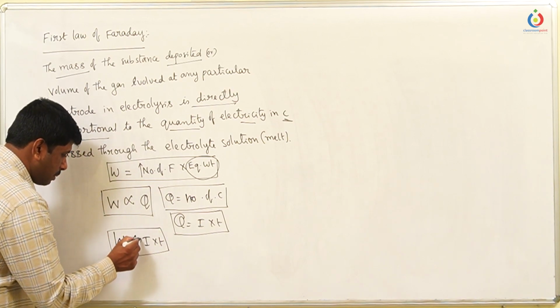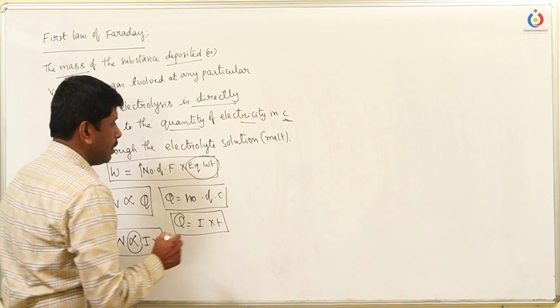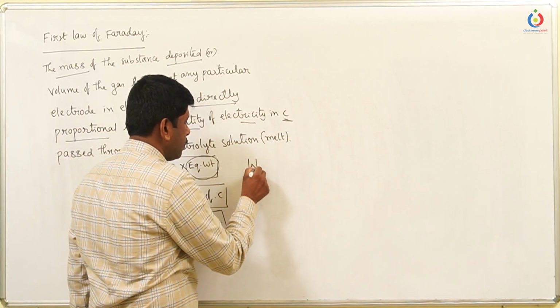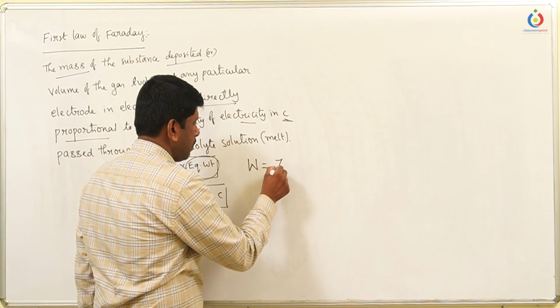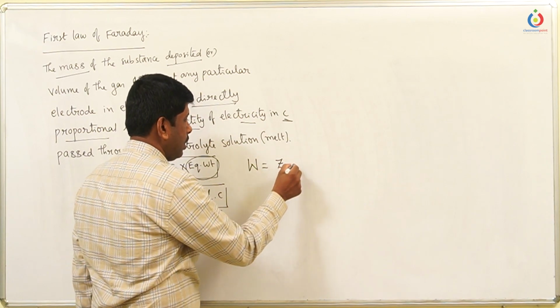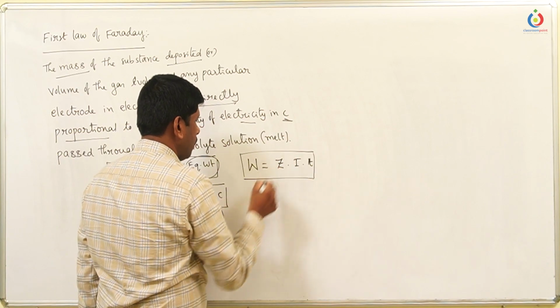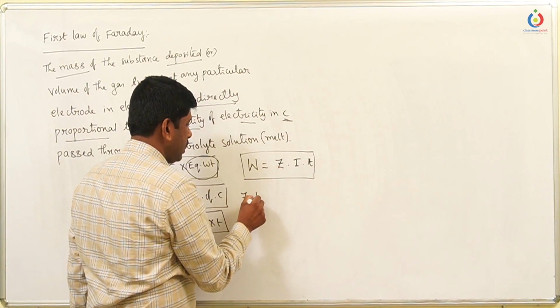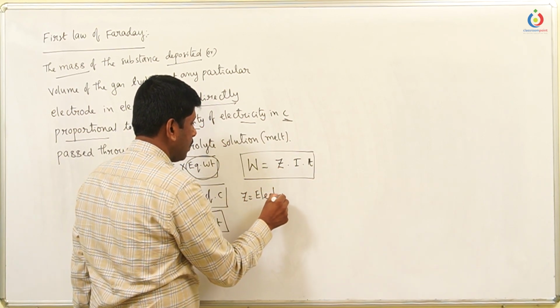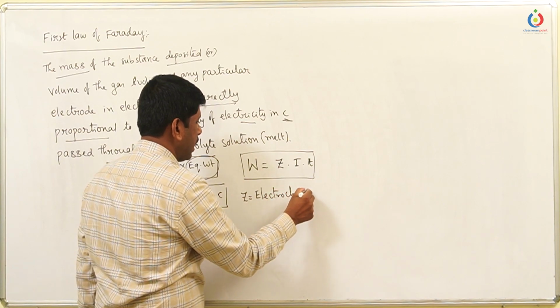Now let us replace this proportionality symbol. I am going to introduce W equals Z into I into T, where Z is known as the electrochemical equivalent.